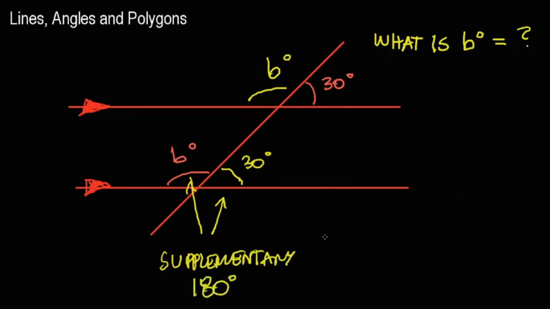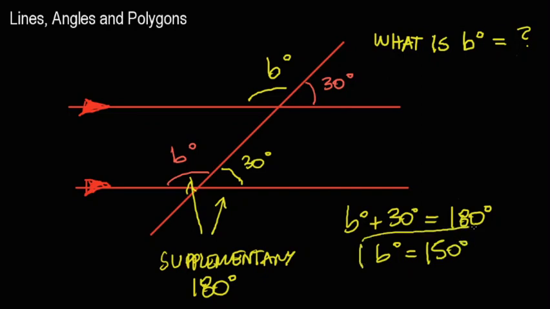They are supplementary, because this here was a straight line before it was cut. So it was 180 degrees, and now it's cut into 30 and B. So B plus 30 degrees should be 180. Therefore, our angle B is 150 degrees, and that's our answer.